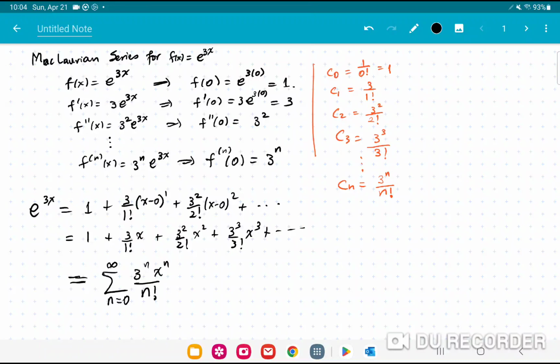So that's the Maclaurin series for e to the power of 3x.